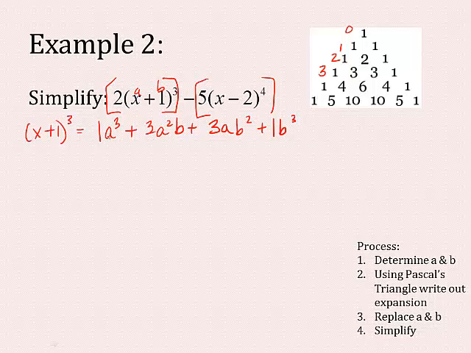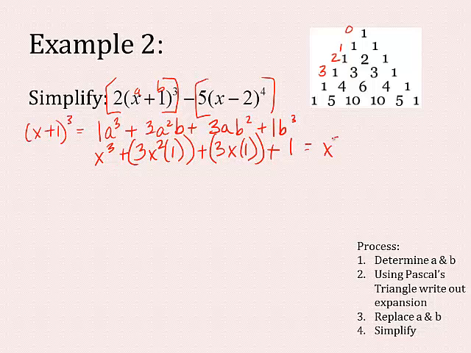So I'm going to plug in my values for a and b. A is x, so x cubed. So x cubed plus 3 times x squared times b, which is just a 1, plus 3 times x times b, 1, which is 1 squared, plus 1 times b cubed. Well, that's just a 1. So let's simplify this.